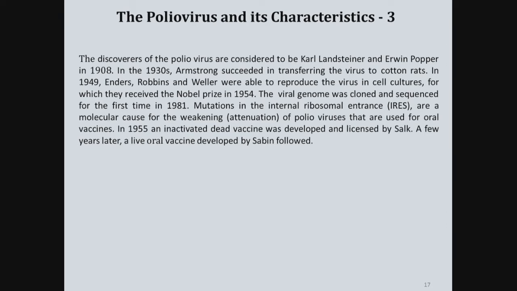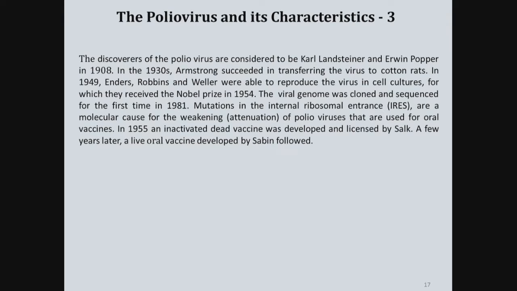The poliovirus and its characteristics. 3. The discoverers of the poliovirus are considered to be Karl Landsteiner and Erwin Popper in 1908. In the 1930s, Armstrong succeeded in transferring the virus to cotton rats. In 1949, Enders, Robbins and Weller were able to reproduce the virus in cell cultures, for which they received the Nobel Prize in 1954.